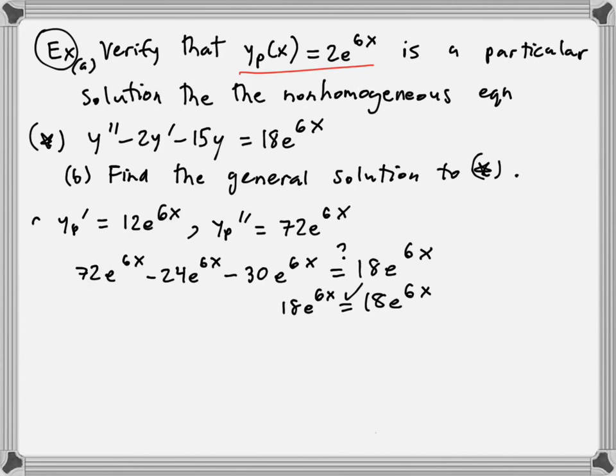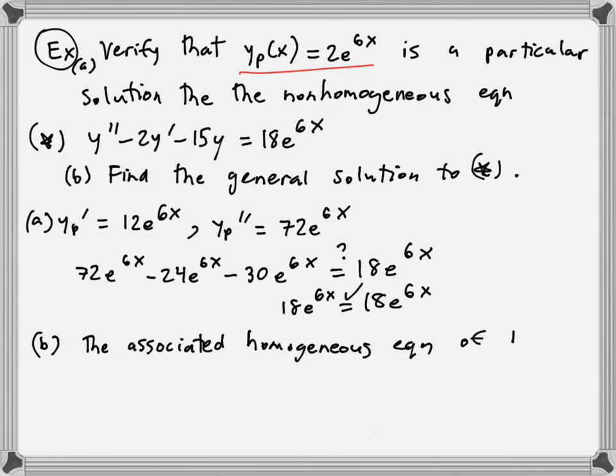Now, that was all part A, but how can we use it to find all solutions? Well, so recall, by the theorem, the associated homogeneous equation of star is y double prime minus 2y prime minus 15y equals 0.